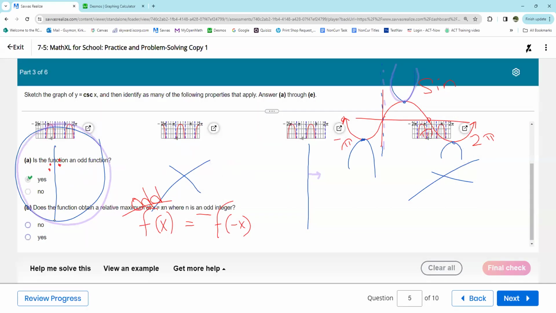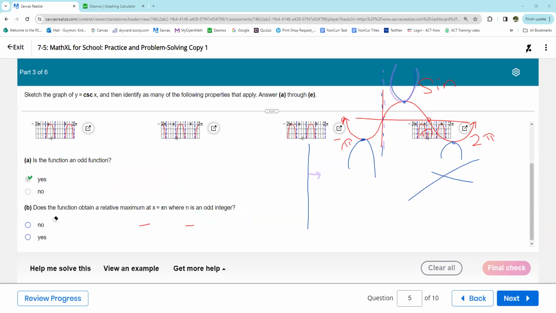Next question. Let me get that stuff off the screen here so I can see what we're talking about. Does the function obtain a relative minimum? Relative minimum, go back over here, at my pi's. So the minimum right here, and if we had another one, when we got over here, a relative minimum, and if we went up here, we had another one.